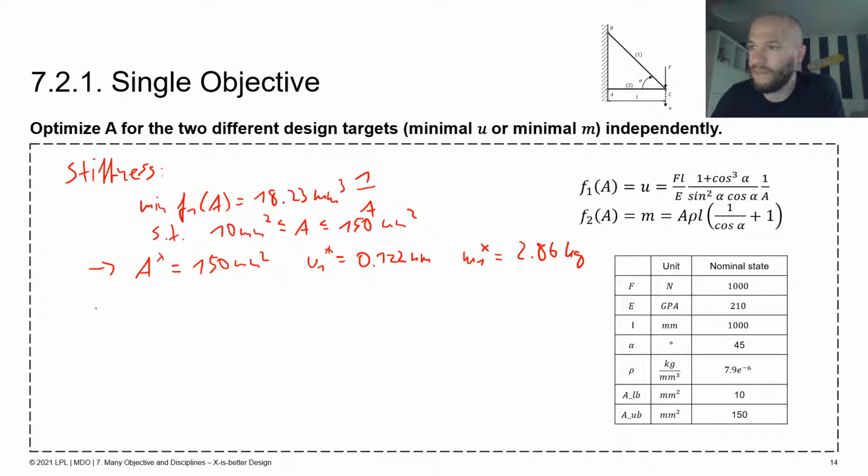The same thing can be done for minimizing the material costs, so minimizing the mass. So here we have cost as the term, and then we minimize the second function here.